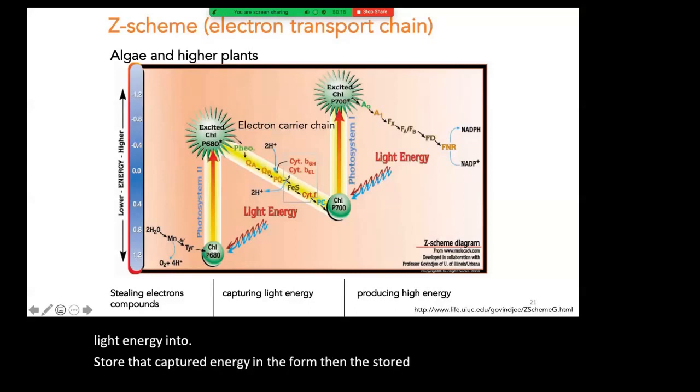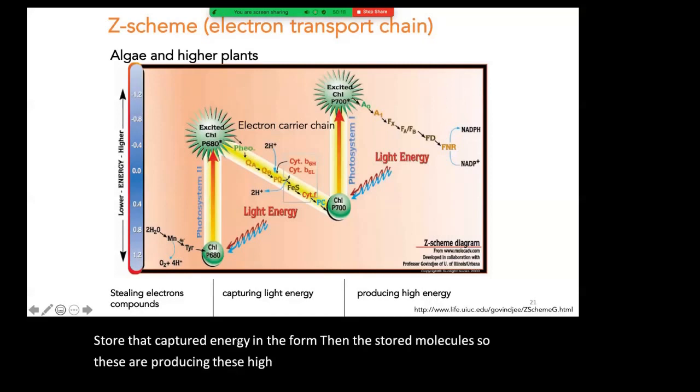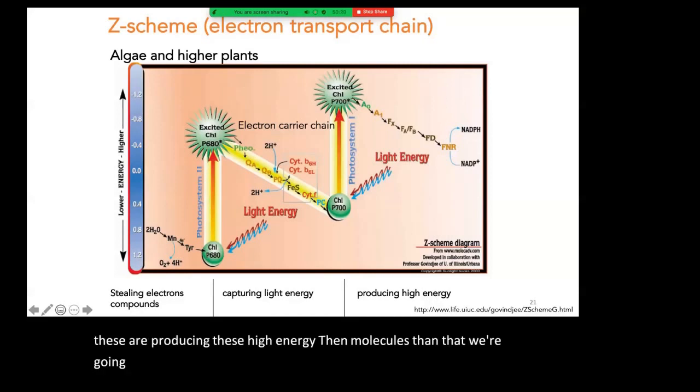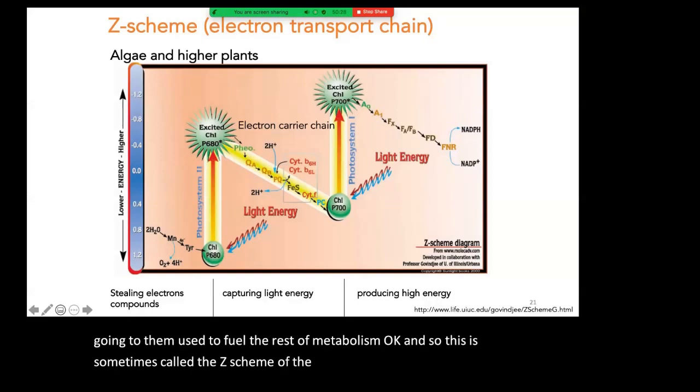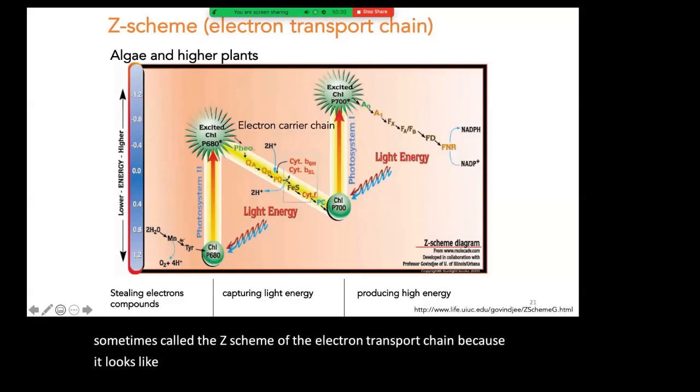Okay, so these are producing these high energy molecules that we're going to use to fuel the rest of metabolism. And this is sometimes called the Z scheme of the electron transport chain because it looks like a Z on the side, right? The Z scheme of the electron transport chain.